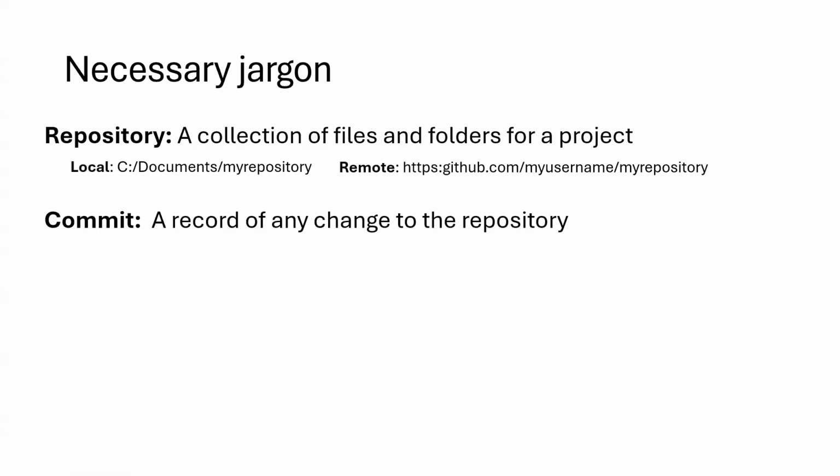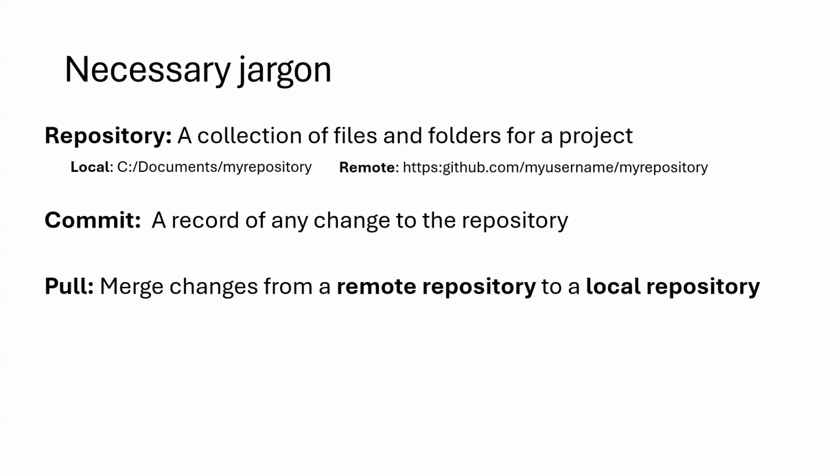Okay, so I'm going to introduce two more terms. There are many more that you will need to learn, but you'll learn them as you need to. So one is pull. When you're working with a local and a remote together, everybody in your team accesses the remote, and then each person has their own individual local version on their computer.